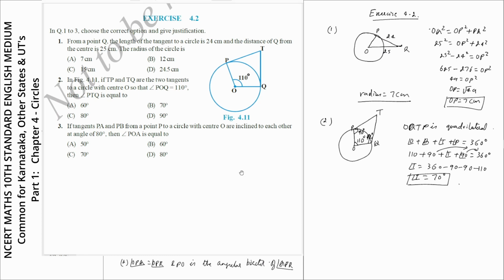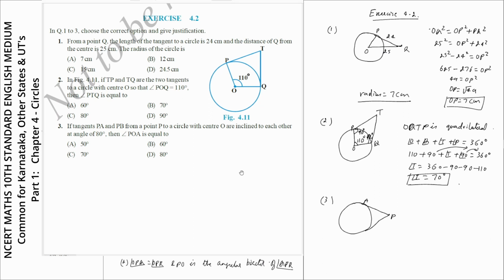Question number 3. If tangents PA and PB from a point P to a circle with center O are inclined to each other at an angle of 80 degrees, then angle POA is equal to? So there is an external point P, and from the external point there are two tangents, PA and PB.